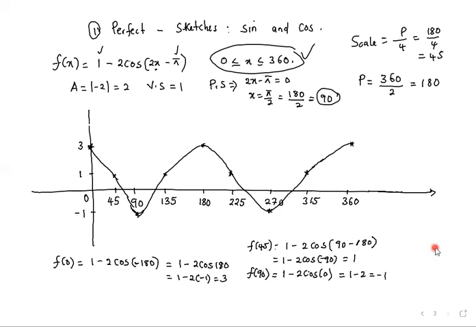Sir, I also have a question. If it was sin, let's say we had sin negative 180, can't we add 360 for us to have a positive? Adding will take our time.